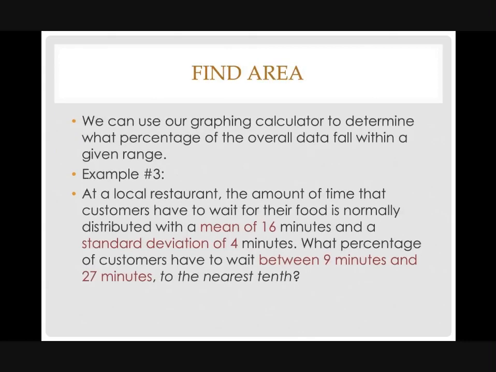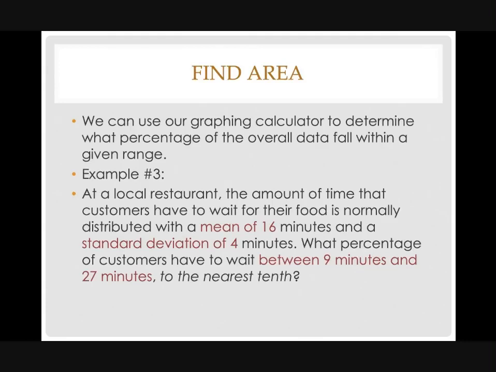So, finding the area. We can use our graphing calculator to determine what percentage of our overall data falls within a given range. So in our third example, at a local restaurant, the amount of time that customers have to wait for their food is normally distributed with a mean of 16 minutes and a standard deviation of 4 minutes.